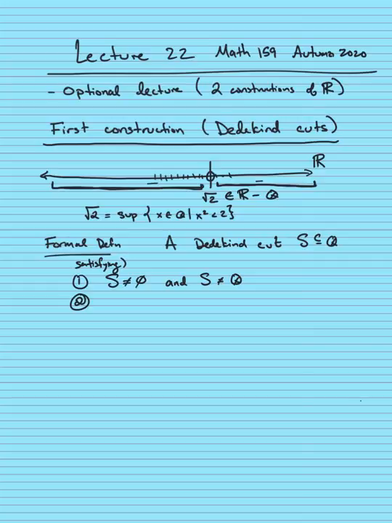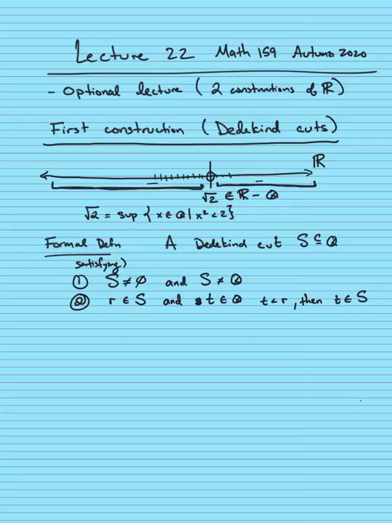The second property is that if a rational number R is in S, and there's some T in the rationals with T less than R, then T is in S, okay?